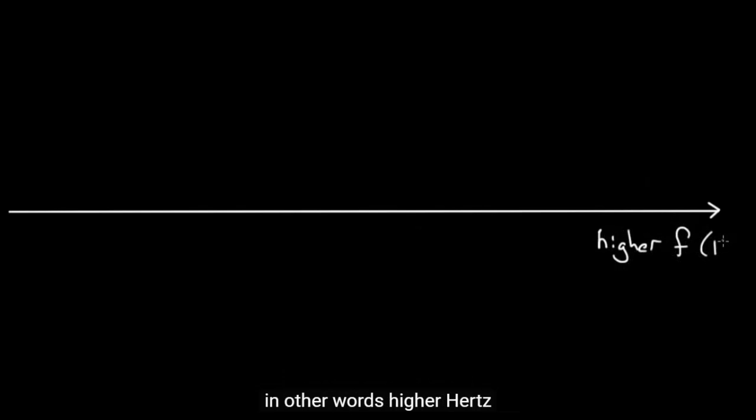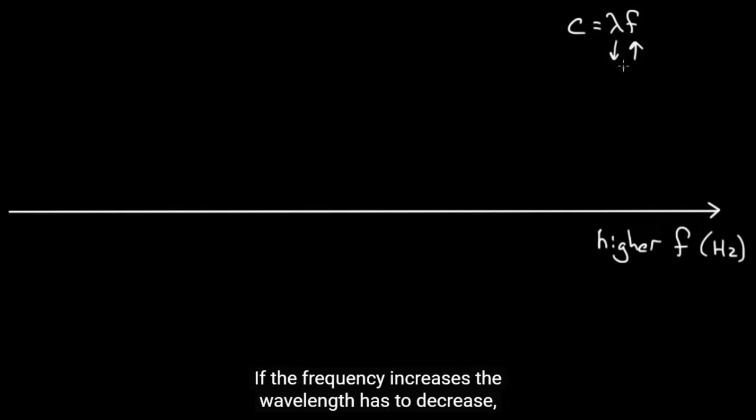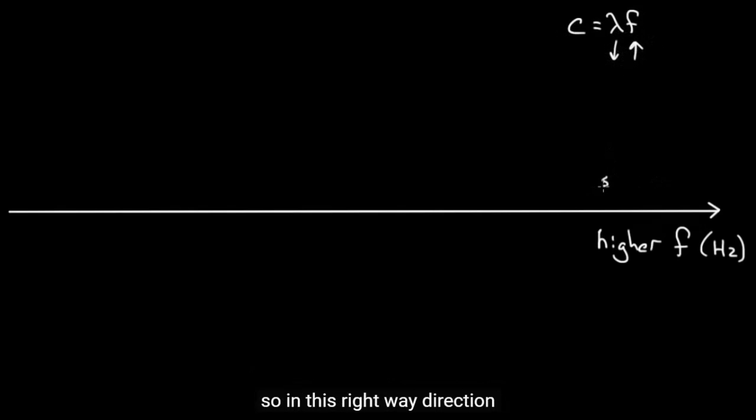In other words, higher hertz, since that's what we measure frequency in. But because of this formula, speed of a wave is lambda times frequency, wavelength times frequency, if the frequency increases, the wavelength has to decrease. So in this rightward direction, this would be smaller wavelength.